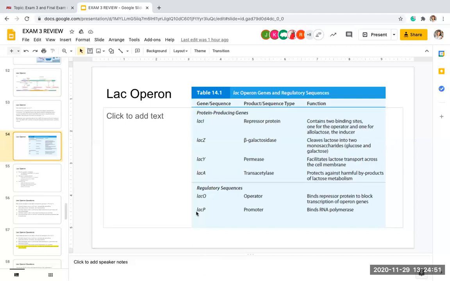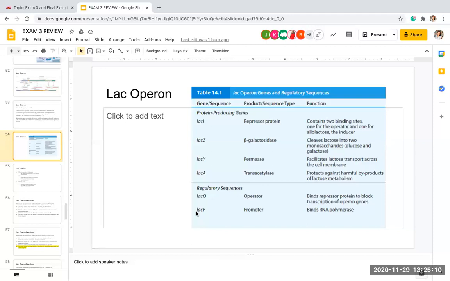Okay, Robert. Oh, there's one more question. Okay. Is the mutation to I^S dominant? Give me 1 second. So I^S essentially means that your allolactose can no longer bind to your repressor.